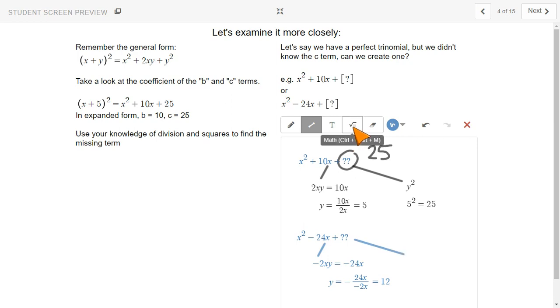My last term must be y squared. So in this case, y is 12, and 12 squared is 144. So my unknown value is going to be 144. Now we can always check these by factoring to see if it comes back to a perfect square binomial.